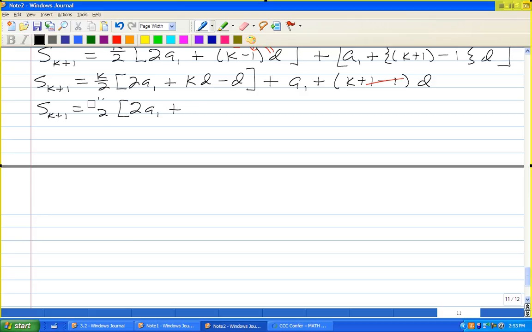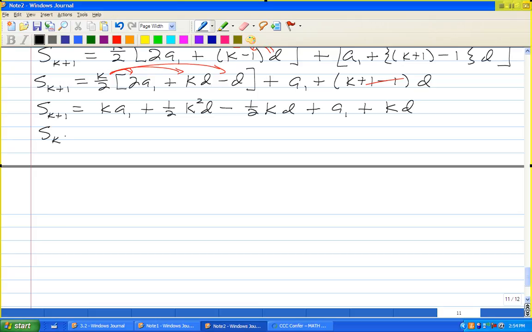Oh, I can actually do that now. Let me multiply k over 2 inside the parentheses. So this is equal to, the 2's cancel, ka1 plus 1 half k squared d minus 1 half kd plus a1 plus kd.